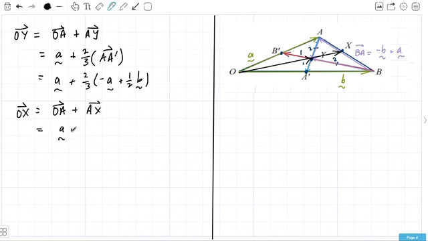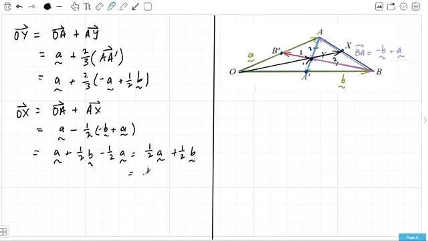O to A is A, so we'd be going against the flow of this vector, so it would be negative half of this. So negative a half of negative B plus A. So that's the same as A plus a half B minus a half A, which equals a half A plus a half B, which is a half outside of A plus B. So that's what we find OX to be.